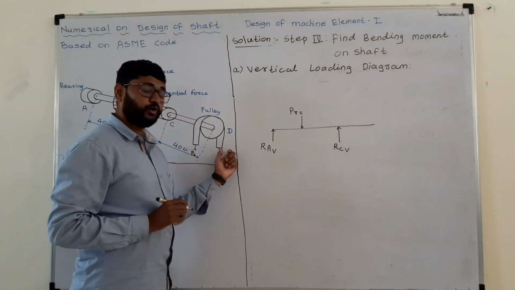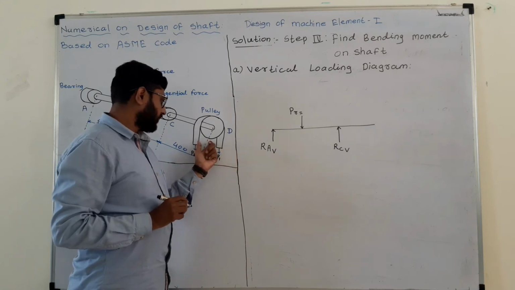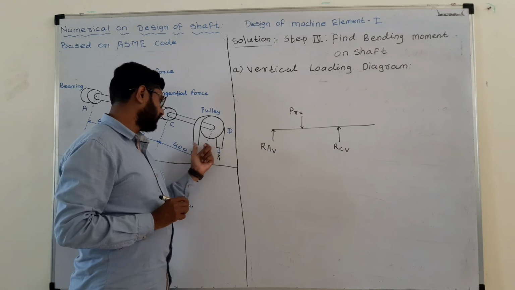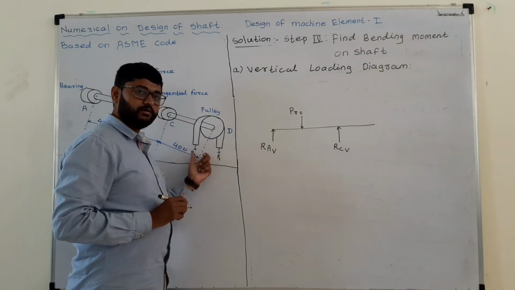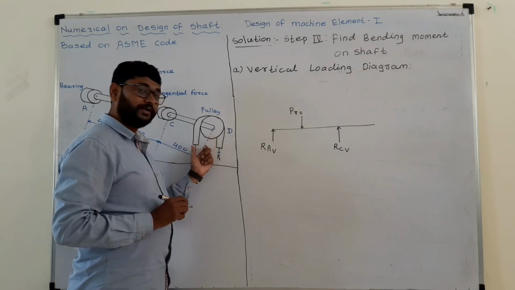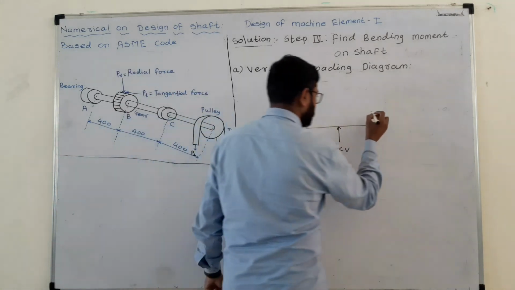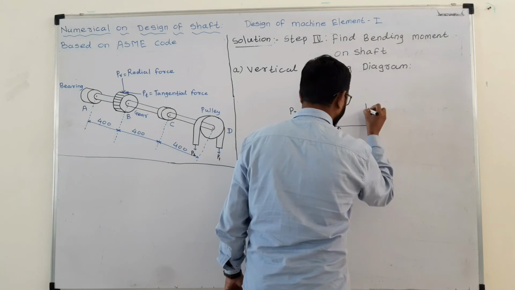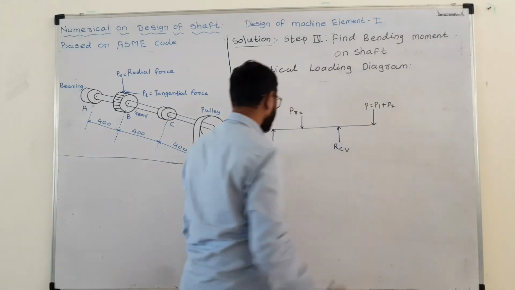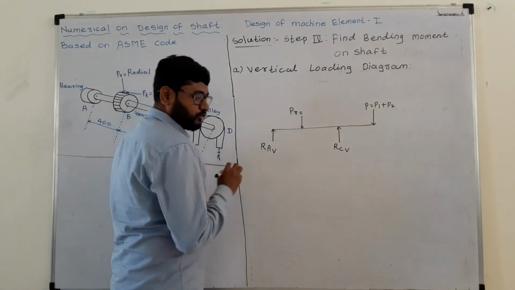And at point B, the vertical force that we have already calculated, the total tension on the belt P1 plus P2, is acting vertically downward. So that P is nothing but P1 plus P2.